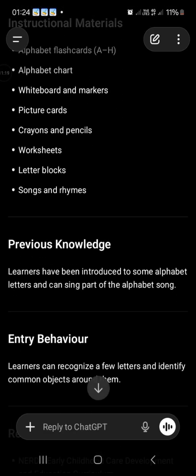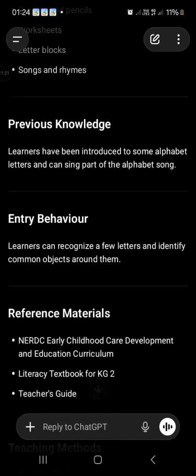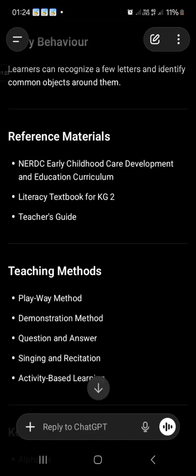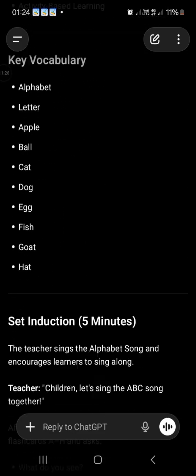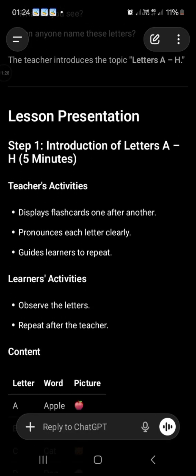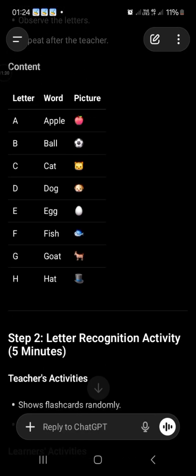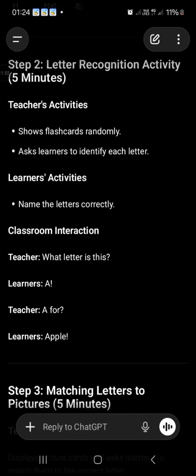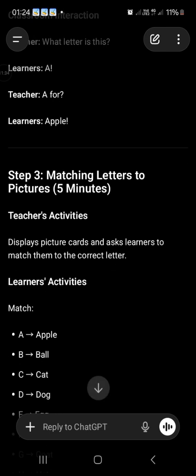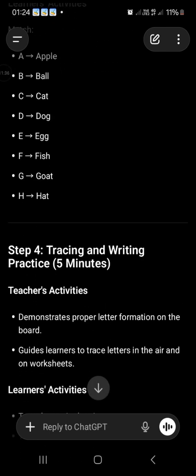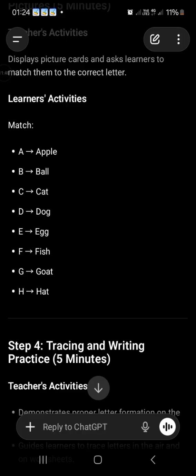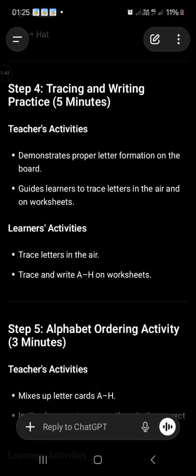So it is what you tell AI that AI will do. So whenever you are creating your lesson notes or your lesson plan, you have to be specific. If you are specific, AI will give you the exact thing. That was why I said initially, the stronger your prompt, the stronger the result.